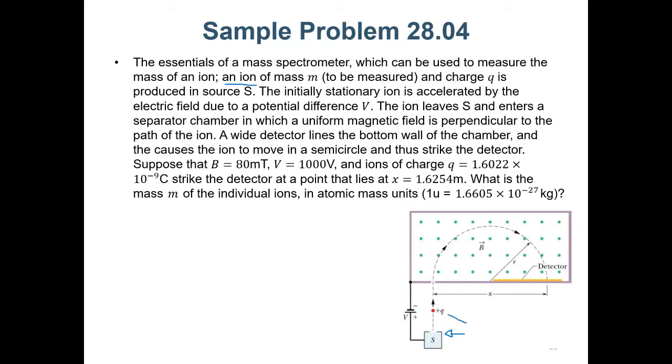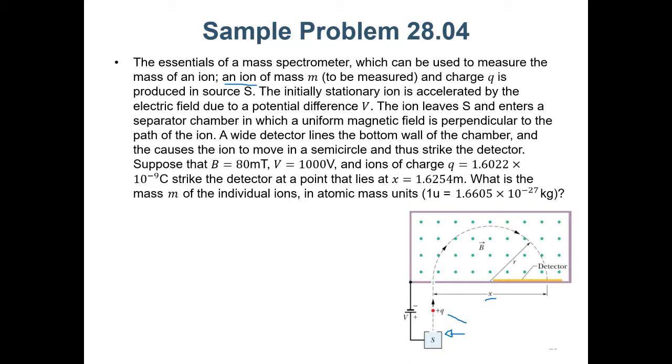So if there's an ion going to this slit, it enters the cross field, and then the uniform B field, and after it goes into the B field, it will go through a circular path and hit this screen. Then we can measure the radius or the diameter. X is the diameter of this circular motion.